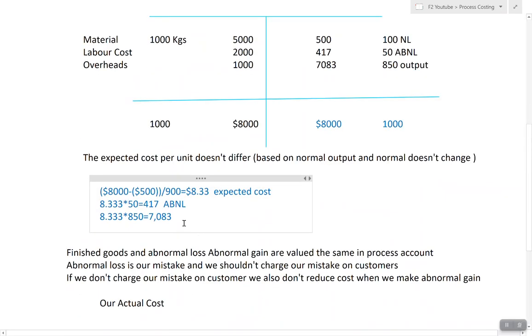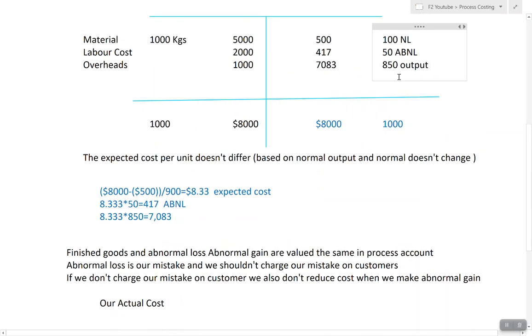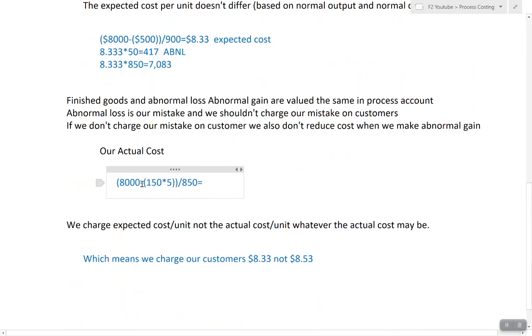That means what the product cost us for the 850 units is 8000 minus 150 multiplied by 5. See, if we can sell normal loss, we should also be able to sell abnormal loss. So that's why we can sell the 50 extra abnormal loss for $5 as well.